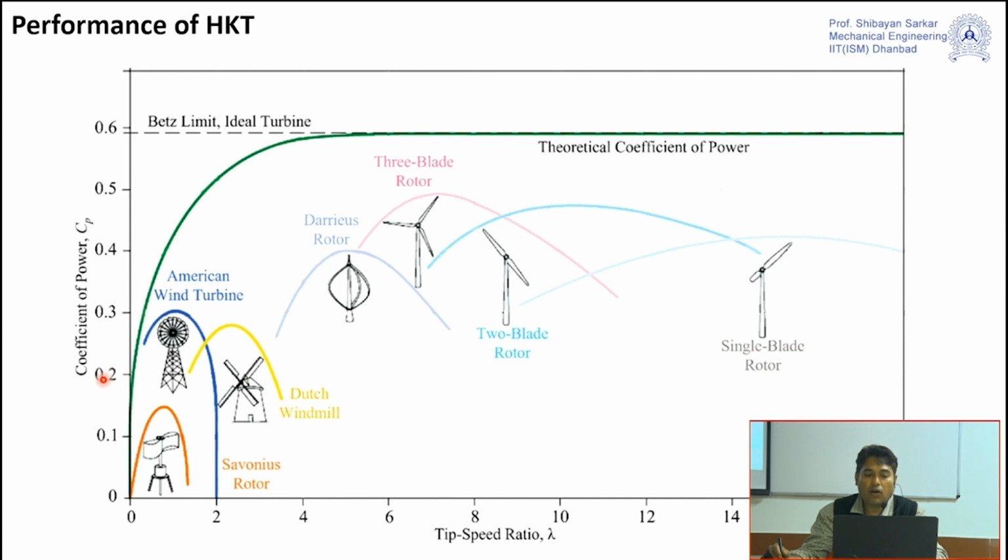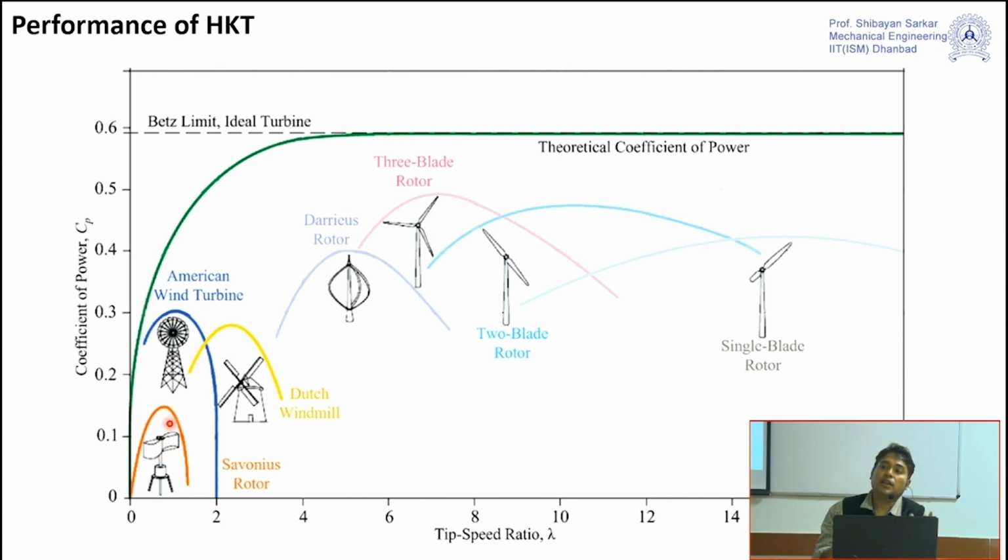So these are all drag-based turbines, and these are lift-based turbines. The differences between them include their number of blades. As well as that, these three turbines are horizontal axis turbines, and this is vertical, this is again horizontal, this is horizontal, this is vertical.